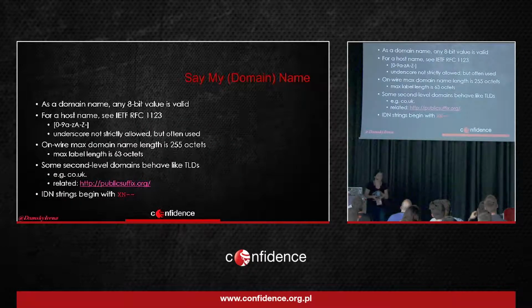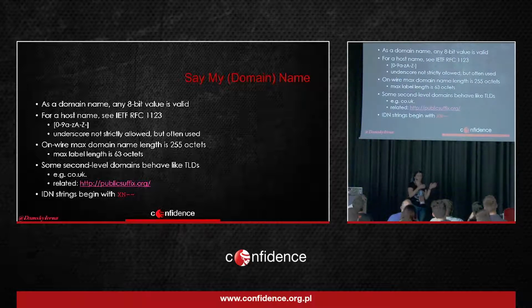So what is a domain, basically? A domain is a sequence of 8-bit values, and every 8-bit value is valid for it. So you can use any character you actually want to use, as long as you remember that on the SLD, underscores are prohibited.